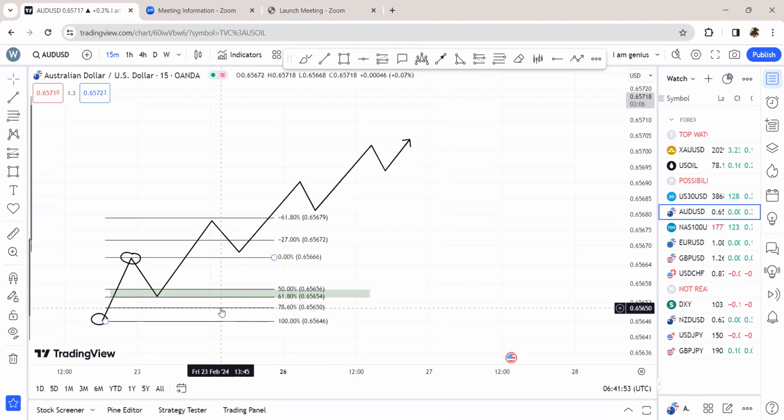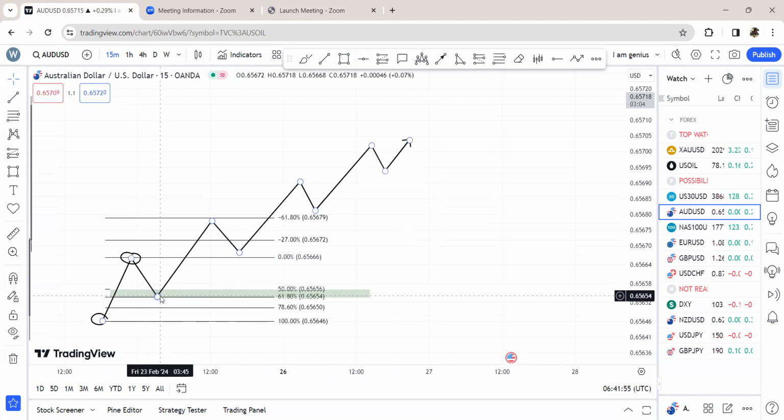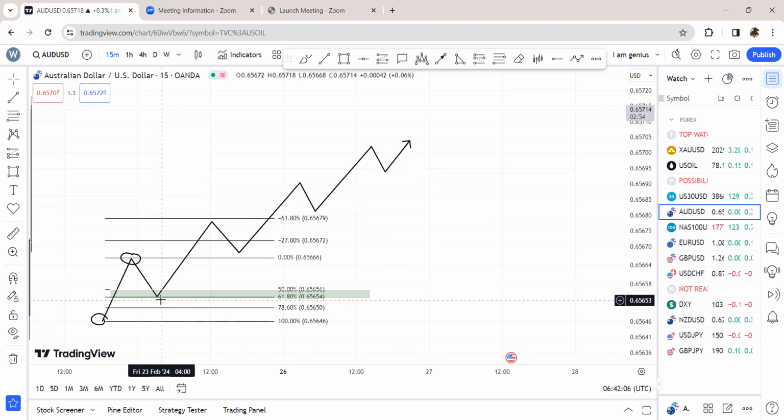So that's where most of the retracements tend to come from. By the way, a Fibonacci can only be used in uptrends or downtrends. In short, it can only be used in trending markets. Ranging markets, it won't be of any help. So it's only used in trending markets, either an uptrend or a downtrend.